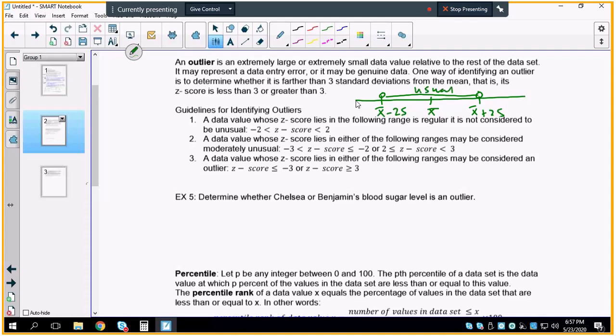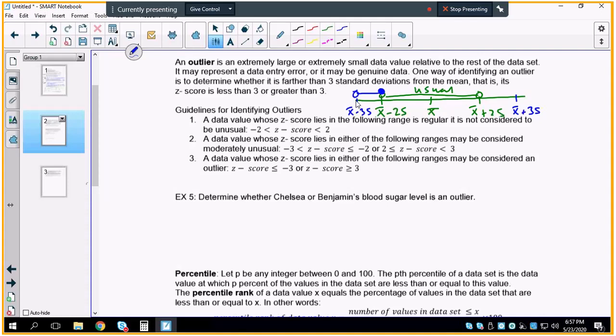If your data is between -3 and -2, or between 2 and 3, then that is called moderately unusual. So we'll go a little farther. This is x bar plus 3s, and this is x bar minus 3s. So for this portion, this end is closed, but this one is open.